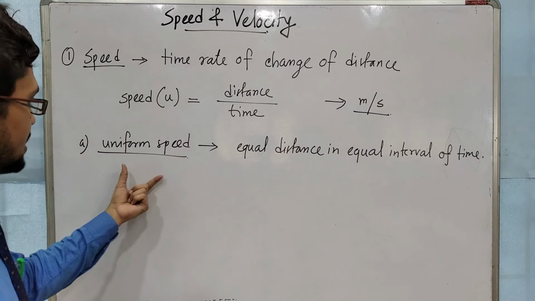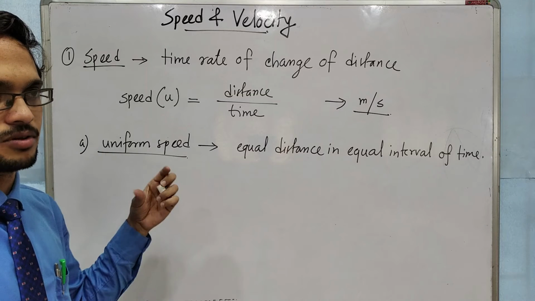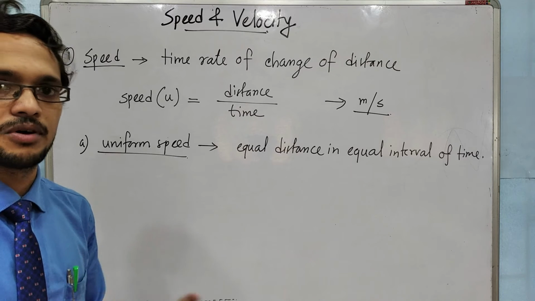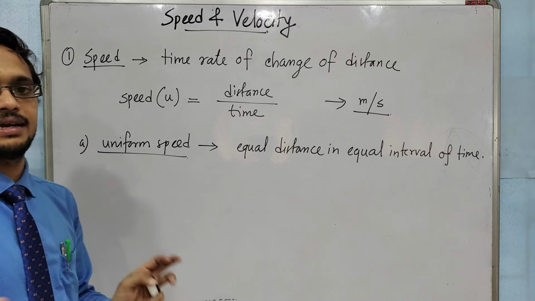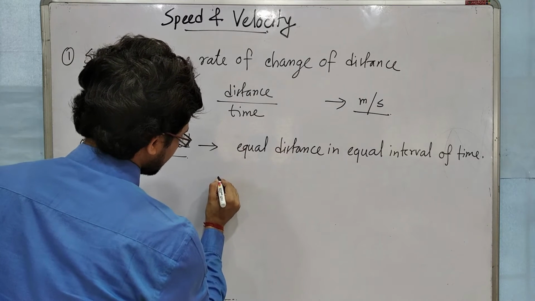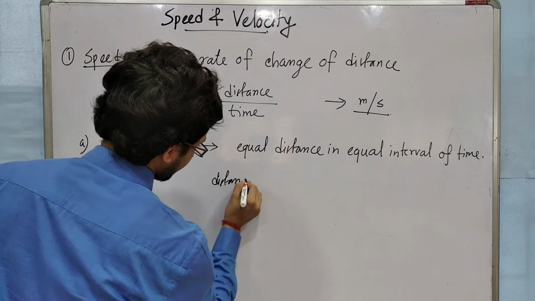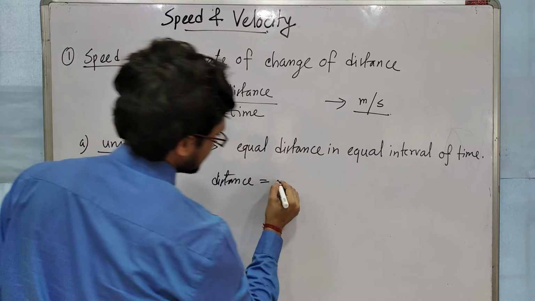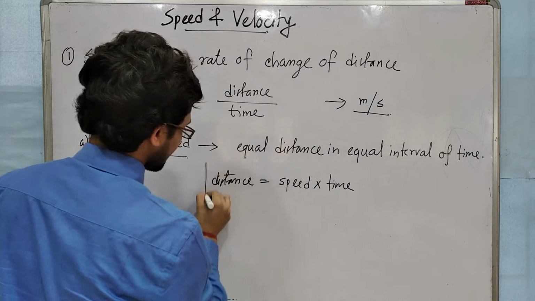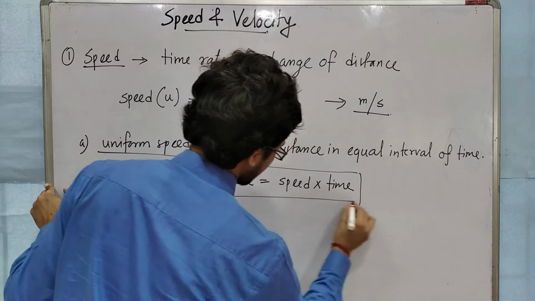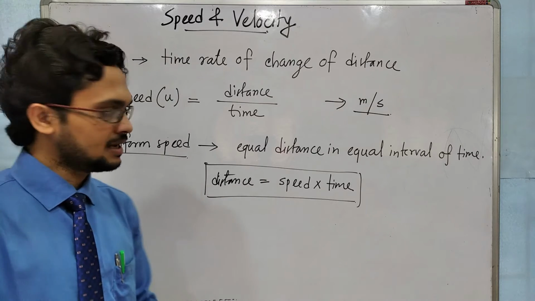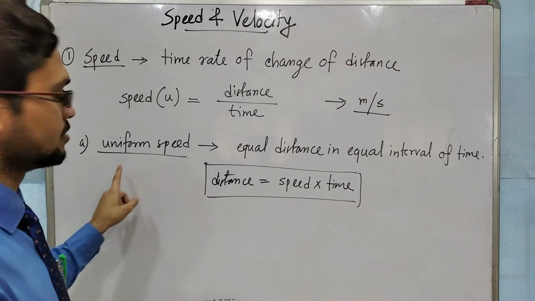If we know the uniform speed and the time by which that body is moving, then we can easily find the distance covered by that object. So distance equal to speed into time. Small numericals may come: speed and time is given, find the distance. This formula is only applicable in uniform speed case.